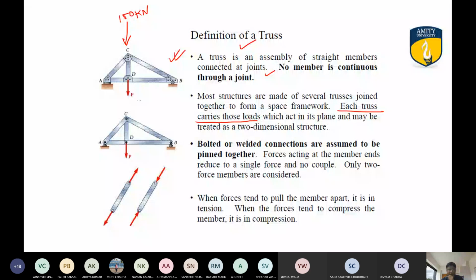If I am applying a load of 100 kilonewtons here at this point, on these five members, what is going to happen? Will there be some stress generated or not? Please tell me. Yes, sir, some stress will be generated.